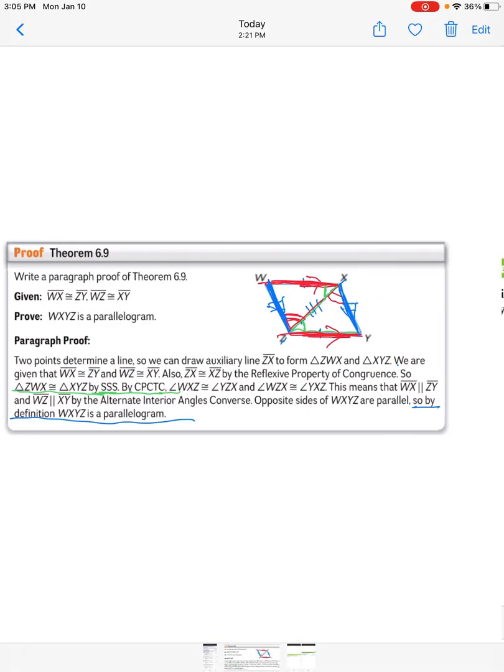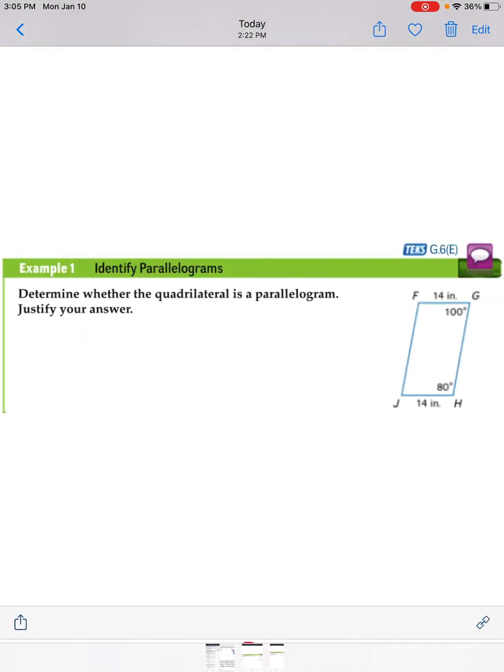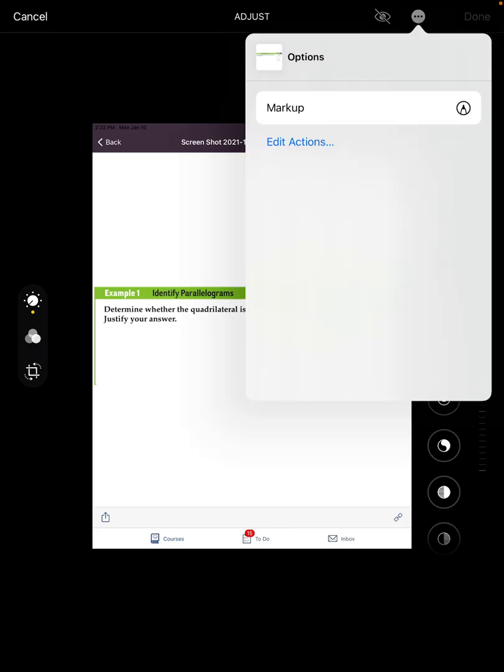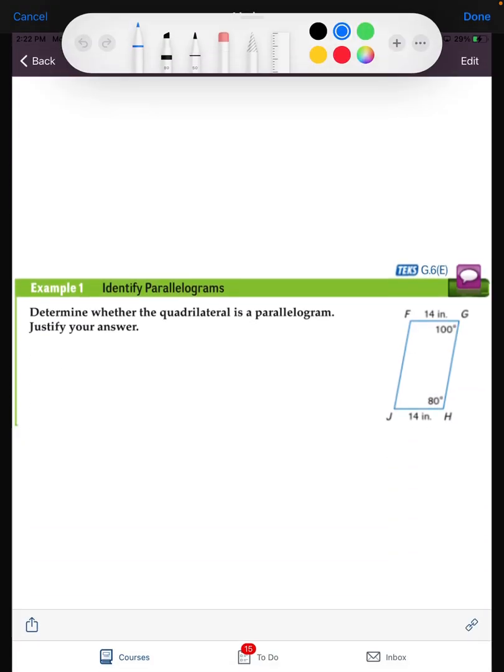Let's look at a couple examples here. So the first one, we want to determine whether the quadrilateral is a parallelogram. All right. So first, we have a set of opposite sides that are equal, 14 and 14.